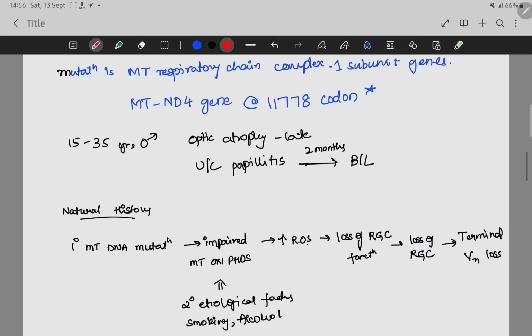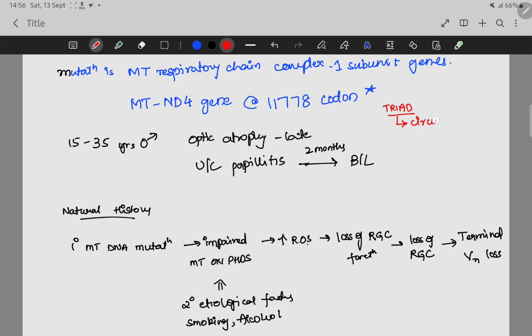Coming to the triad of presentation, as we said, they present with papillitis and optic atrophy. In the early stages, there are telangiectasias, circumpapillary telangiectasias, and microangiopathy.